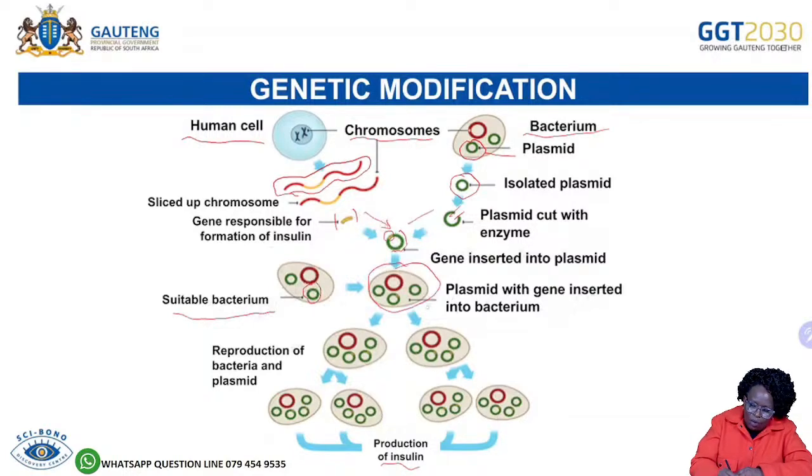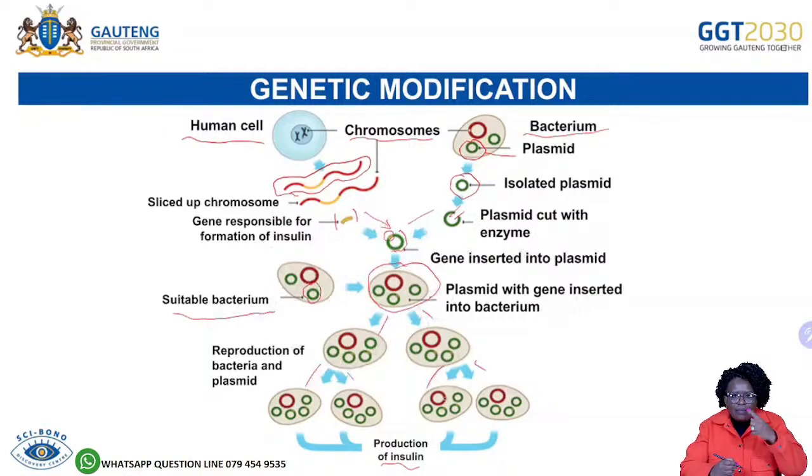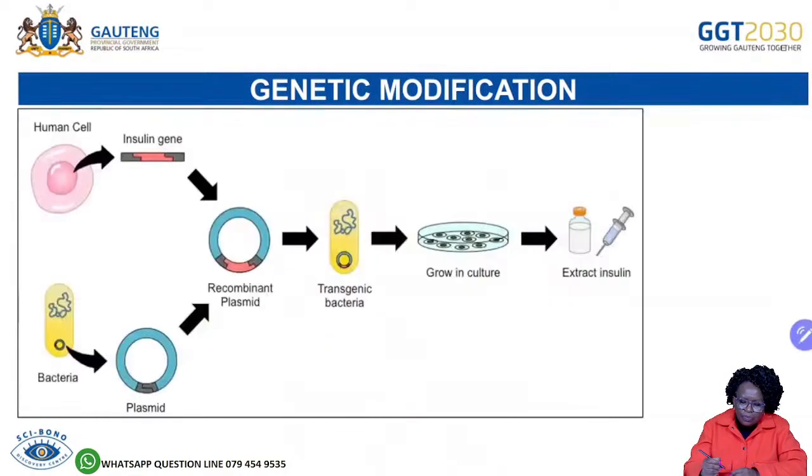You can see that from one, we've got the production of two, and these two will give rise to two more, which is 4, and 4 more will give 8, 16, 32, and the number grows very fast. In that fashion, the plasmid carrying the insulin gene is also replicating and reproducing. So there's more plasmid with the attached insulin.